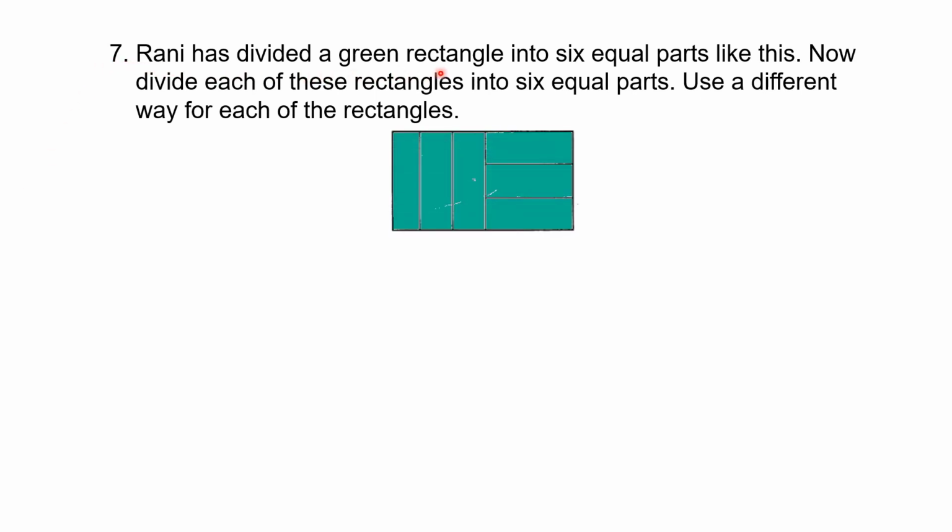Rani has divided a green rectangle into 6 equal parts like this. This is a green rectangle and it is divided into 6 equal parts. All these 6 parts are equal.